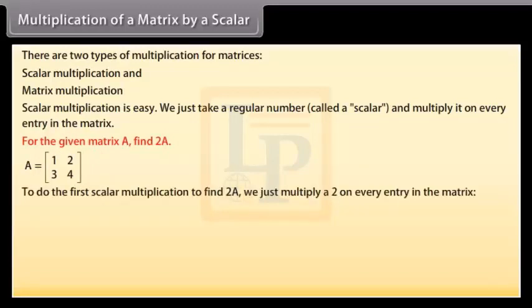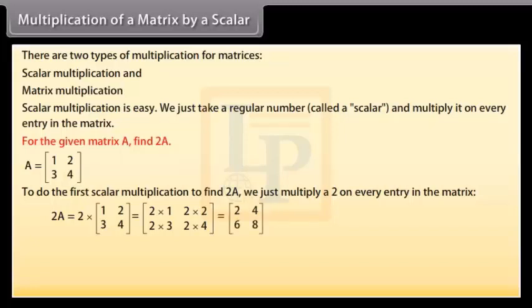To do the scalar multiplication and find 2A, we just multiply a 2 on every entry in the matrix. 2A is equal to 2 times the matrix with first row 1, 2 and second row 3, 4, which is equal to the matrix with first row 2 times 1, 2 times 2 and second row 2 times 3, 2 times 4, which is equal to the matrix with first row 2, 4 and second row 6, 8.